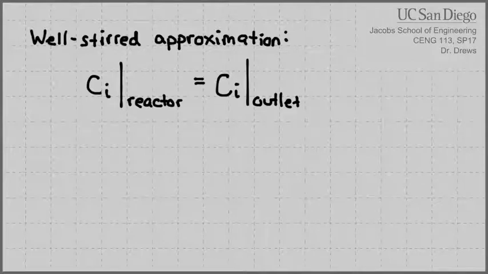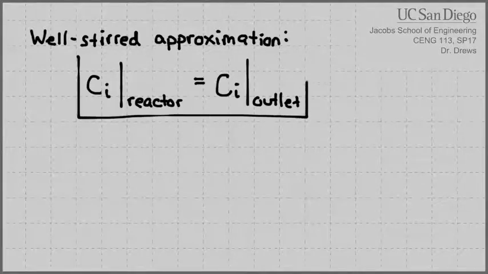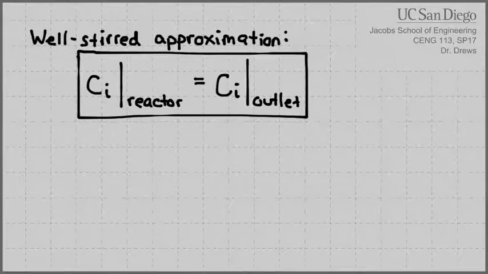This is the well-stirred approximation, which means if we know what's going on at the outlet, then we're going to assume that we know what's going on inside the reactor. So we're going to assume that all of the gradients inside there got mixed up enough so that the internal concentration of that tank is essentially uniform everywhere. If it's uniform everywhere, it doesn't matter where my outlet is coming out, I'm going to grab the same concentration as whatever was inside.